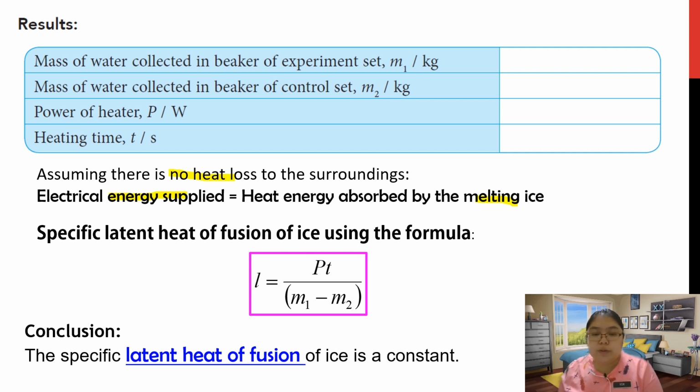We do want to use the control set, because the control set is the surrounding making the ice melt. We just want the mass of the ice melted by the heater, so we need to subtract. Okay, finally the conclusion: we find that the specific latent heat of fusion of ice is a constant number. We just compare with the standard value. So this is what we need to find from this experiment.